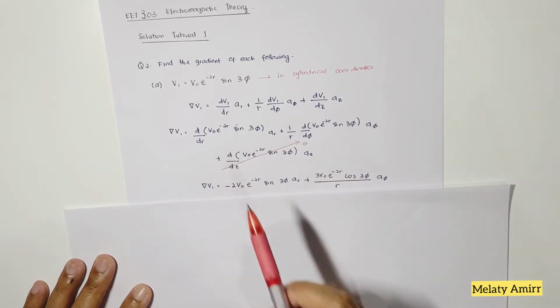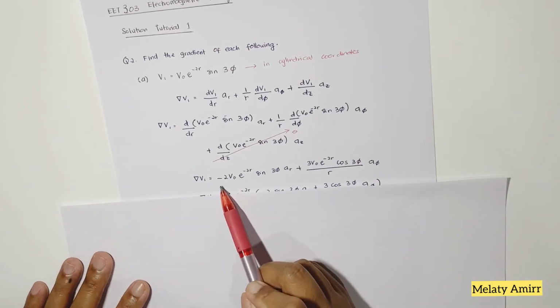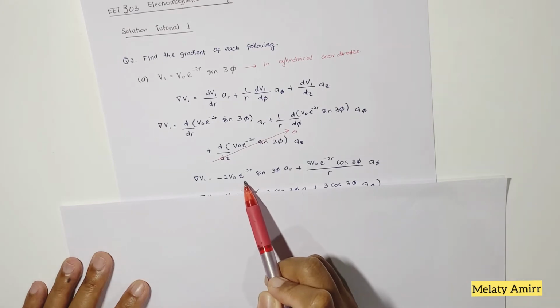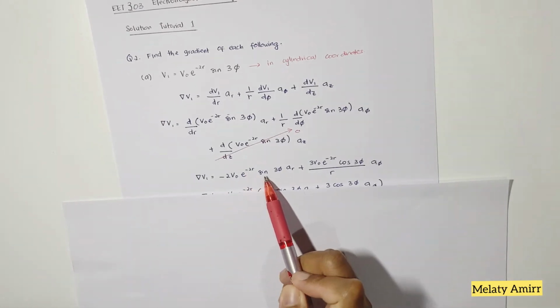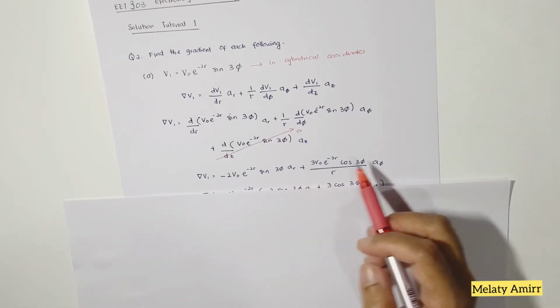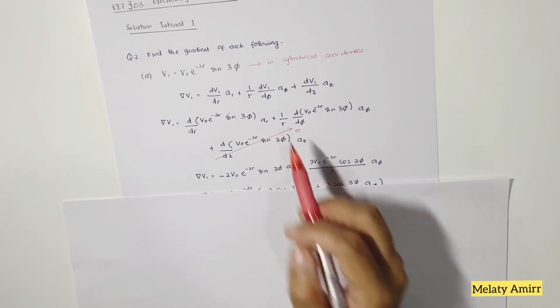So the first term, after you do the differentiation, the answer is like this: negative 2v0 exponent negative 2r sine 3phi ar plus 3v0. This is the second term after differentiation. Don't forget 1 over r here.